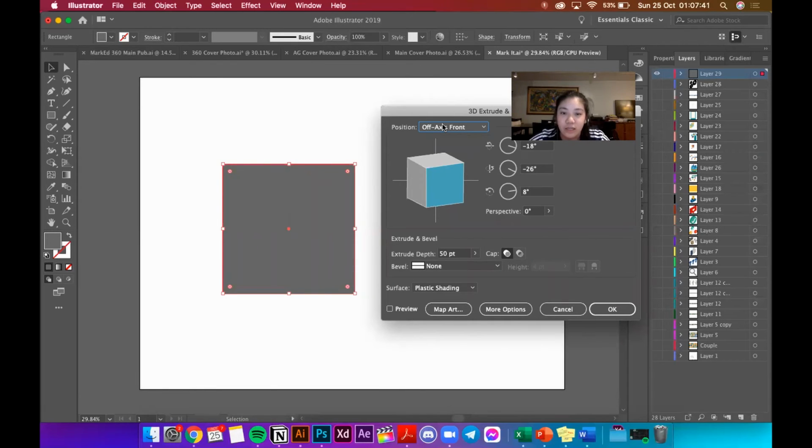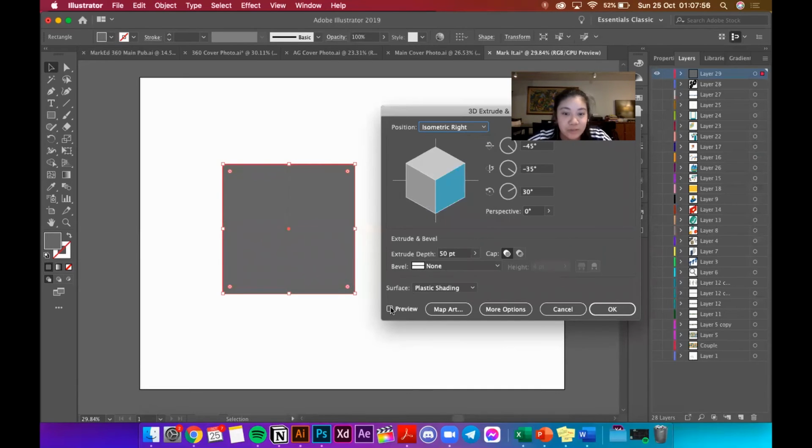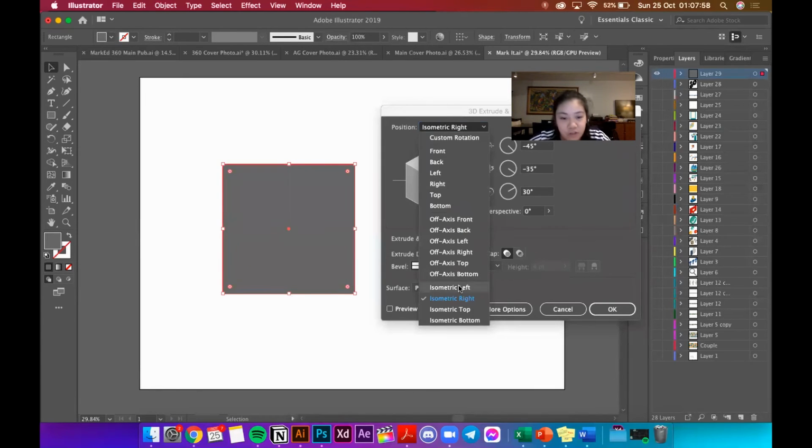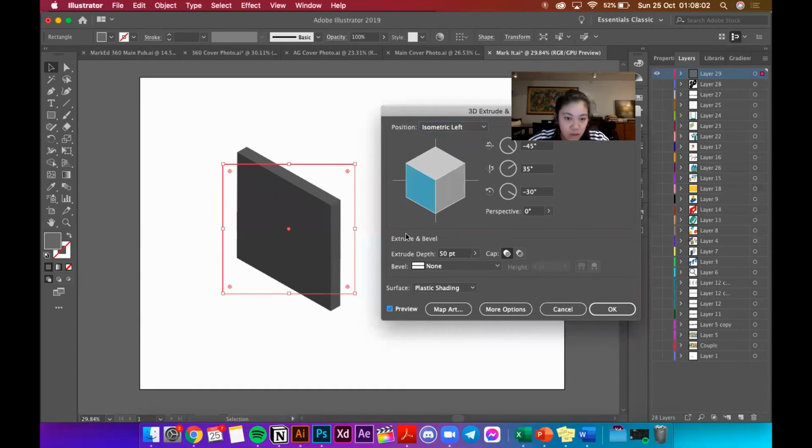Originally, we were drawing all of our elements manually. We had a 3D grid and we were drawing each side of things manually until we realized there was a way easier method to do it. So you can just click isometric right or isometric left, and if I show the preview, it is going to magically turn 3D.